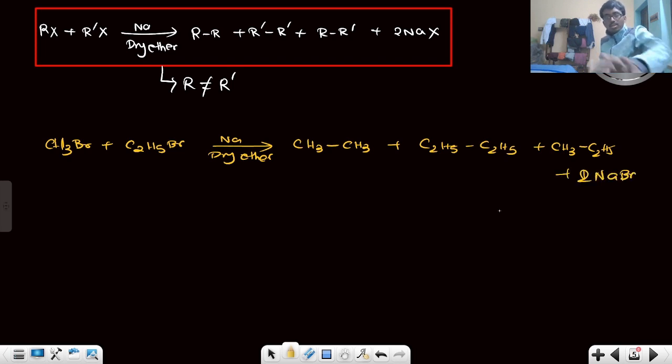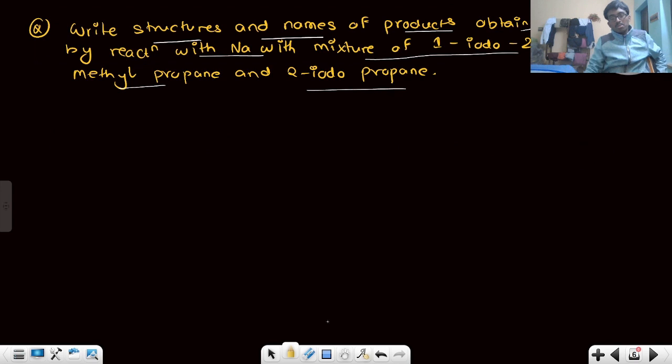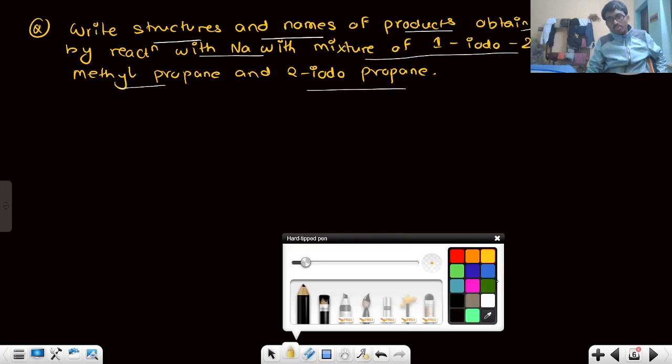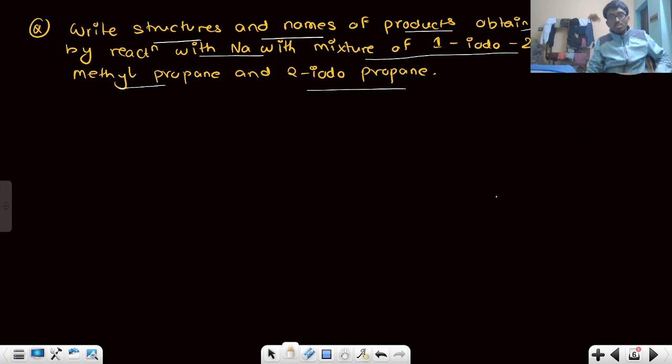Clear? This is the thing that you have to remember. And the next question is based on this format only, where there are two different alkyl groups, so there will be different products. Now when you are writing the final answer, as I have already told you, carbon needs to be balanced. But when you are trying to formulate your answer, you can omit it also.